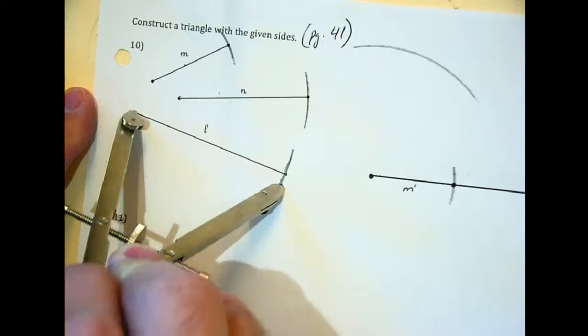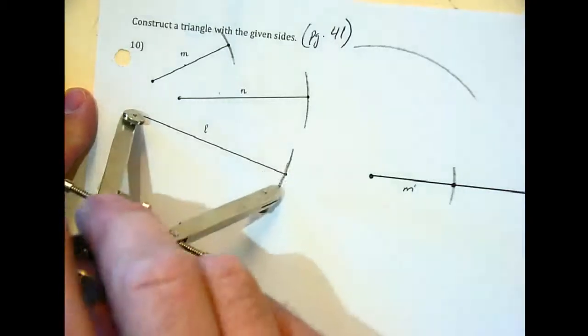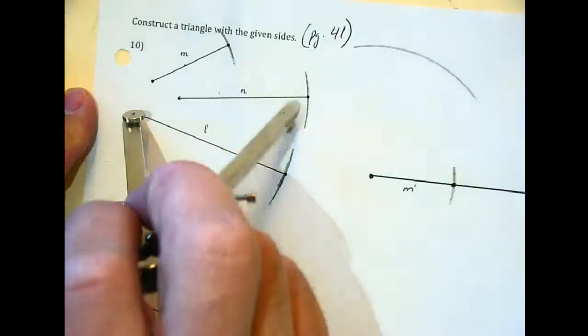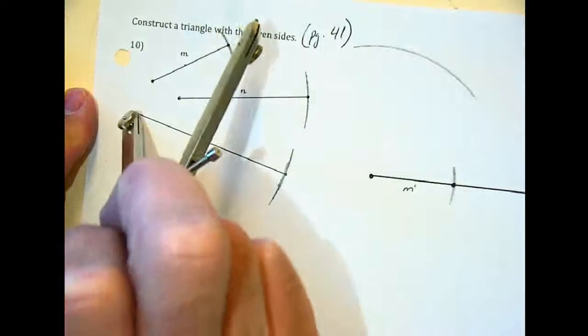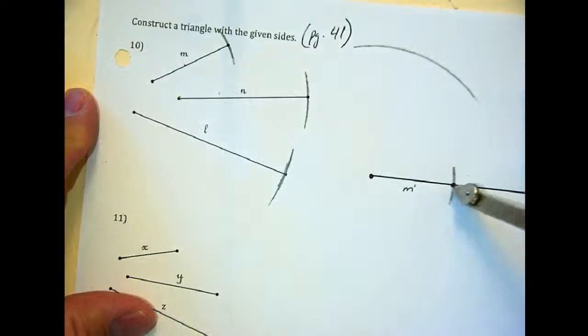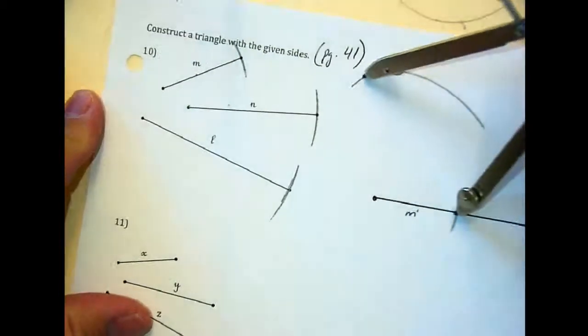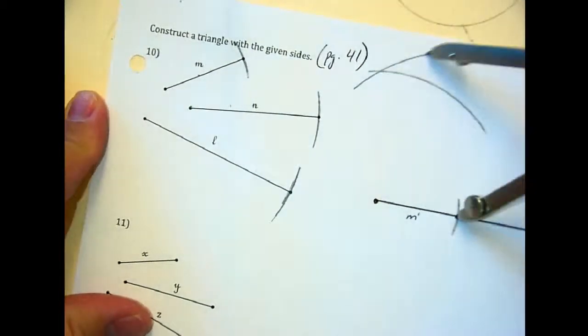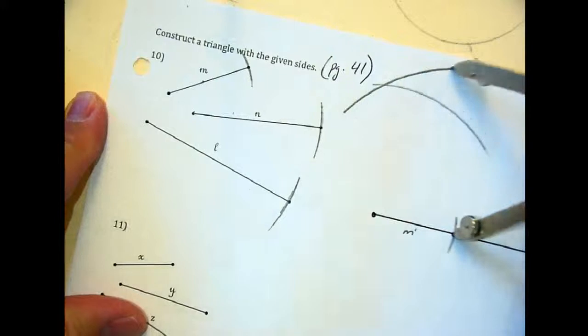Hey, Maggie? You're going to take your pin on the other point, and then you're going to do the same thing. You're going to draw an arc. Good, yeah. I'm going to put it over here on this point, so on the other point, and I'm going to draw an arc. And I really want to see where those two arcs intersect.